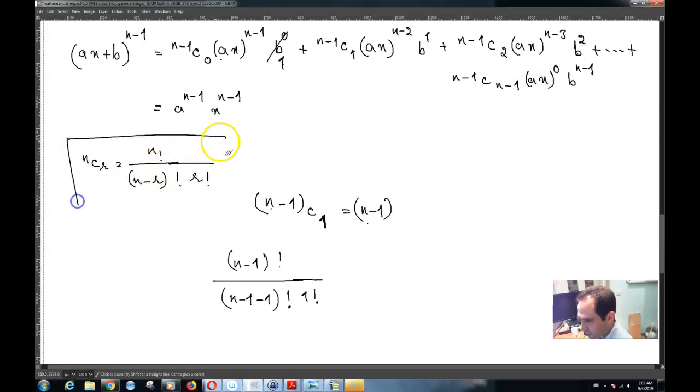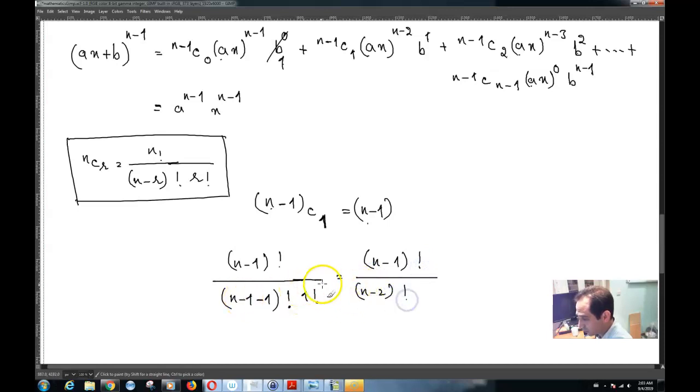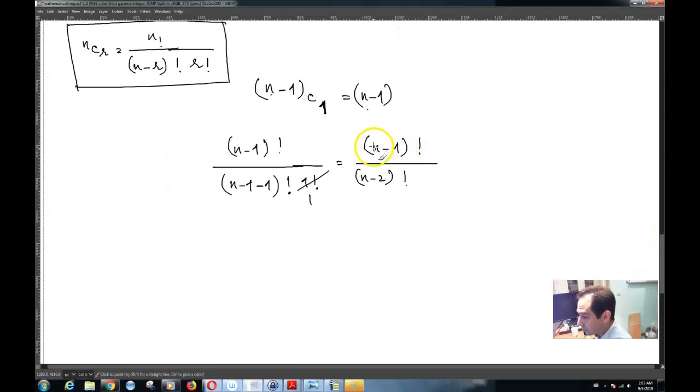So in the denominator you would get n minus 1 minus 1 factorial times 1 factorial. This is the same thing as n minus 1 factorial over n minus 2 factorial, and 1 factorial is just 1.